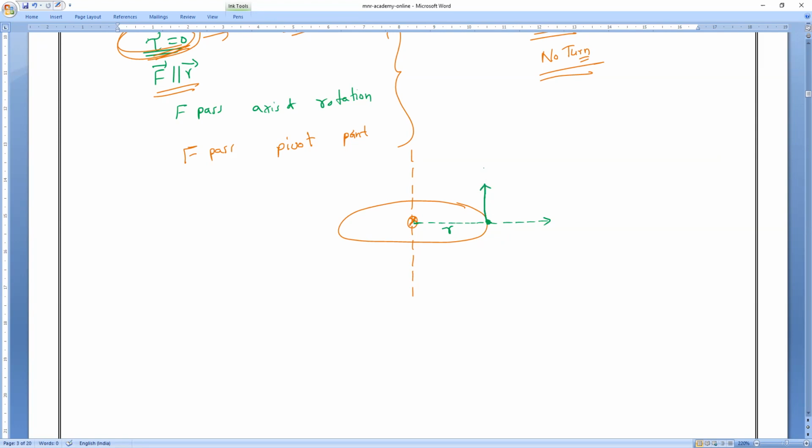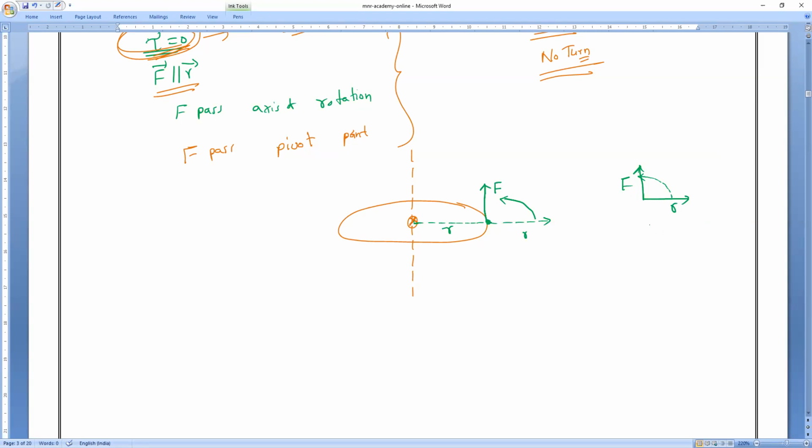Mr. Rudreswar, check it. If I go R cross F, this is R and this is F, because I join them tail to tail. So now the torque, R cross F, is acting in the outward direction or the inward direction? Check it, everybody. Respond, guys.